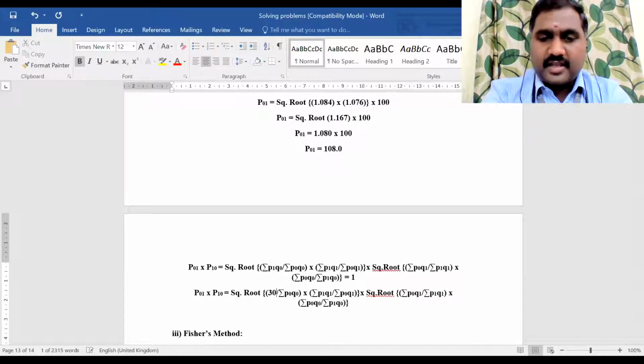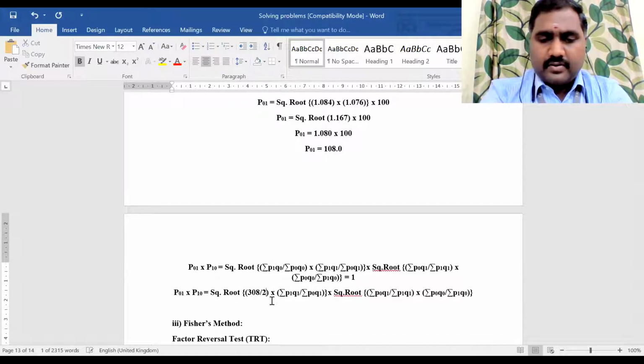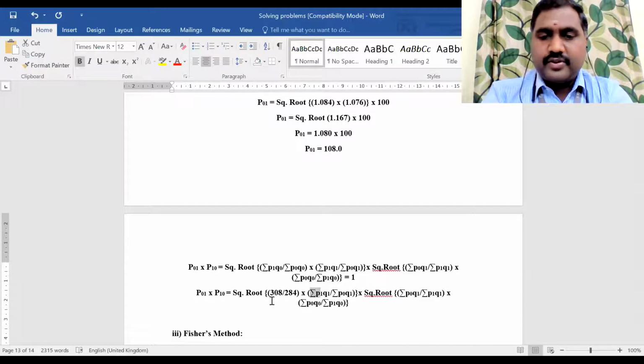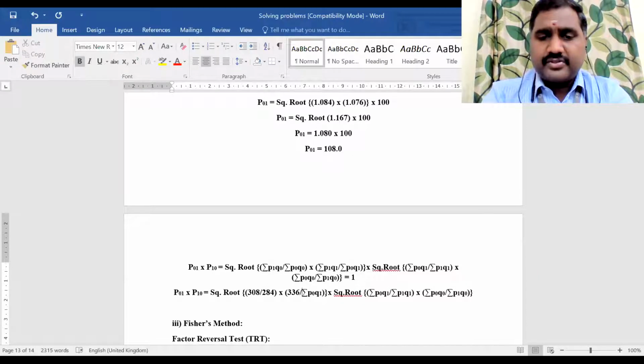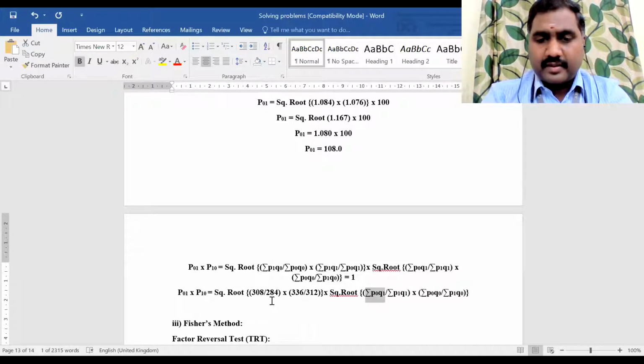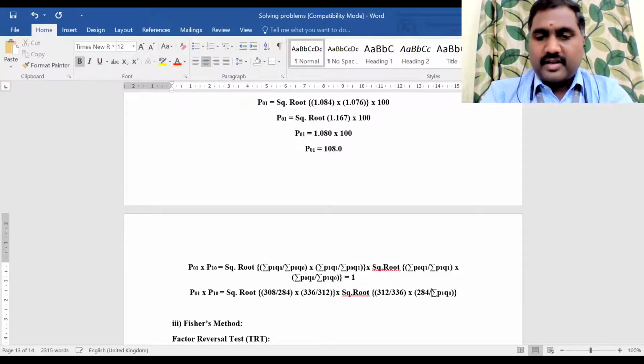And summation P0 Q0 value? 284. Then summation P1 Q1 value? 336. And summation P0 Q1 value? 312. Then the next one is summation P0 Q1, 312. Summation P1 Q1, 336. And next one will be 284 and 308, right?